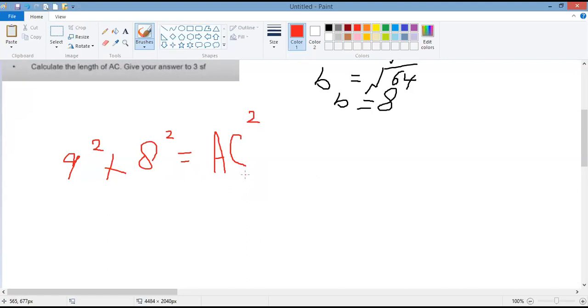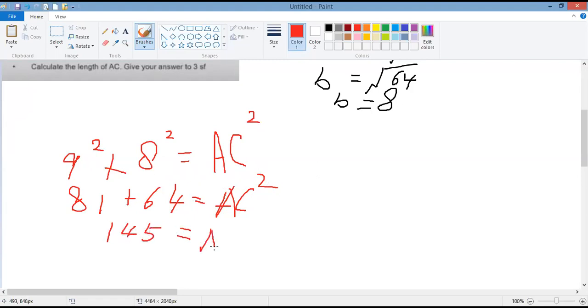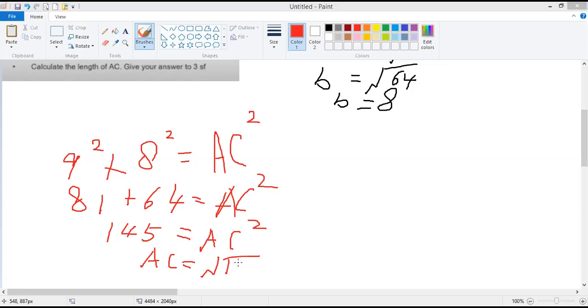AC is the hypotenuse. So you have 81 plus 64 equals AC squared. Then you sum up 81 and 64, you get 145 equals AC squared. So your value of AC will be, you move the square to the other side, becomes square root of 145.